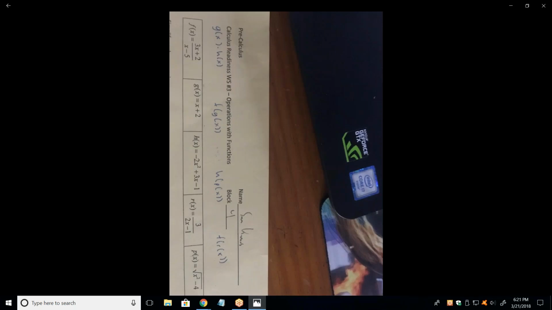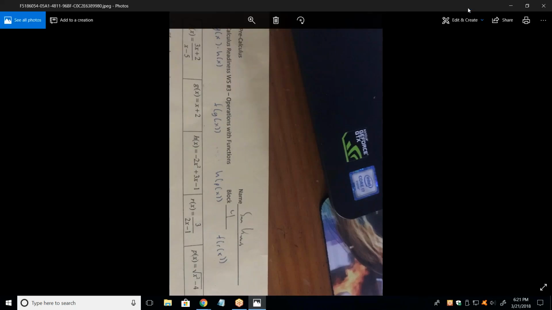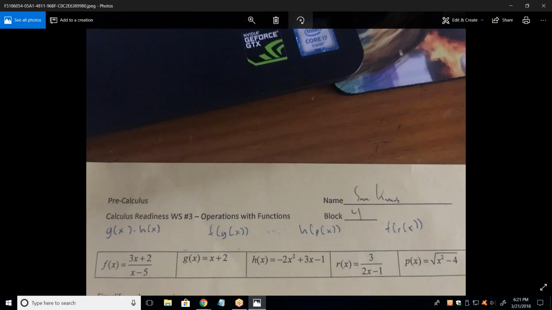Now I should be able to rotate it. Yeah, it will. It just takes a while. Ah, okay. All right. So the ones in blue, I just wrote the problems up there, so it'd be easier. Yeah, I got it.